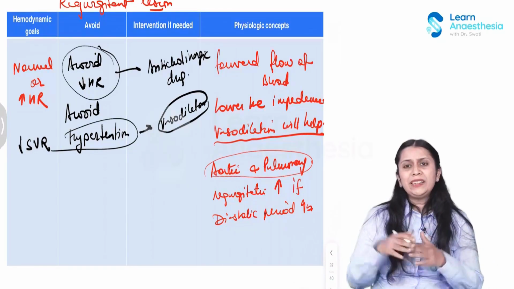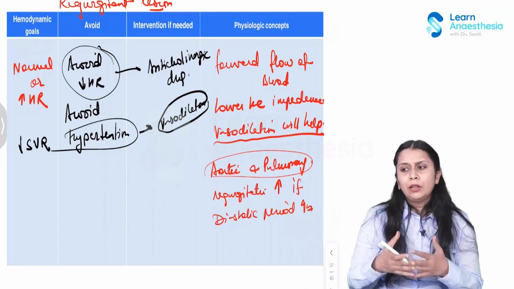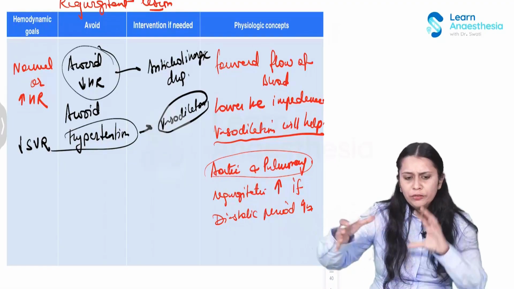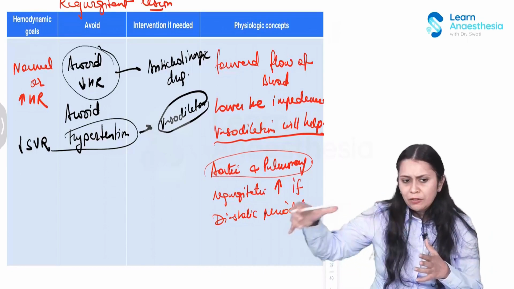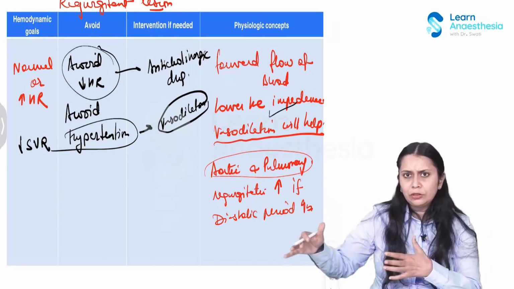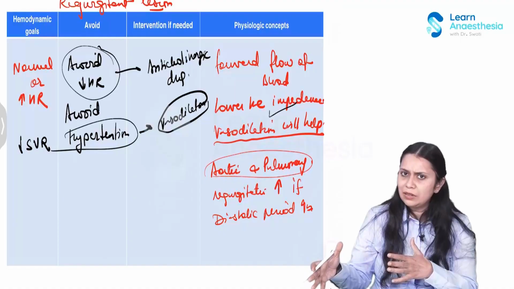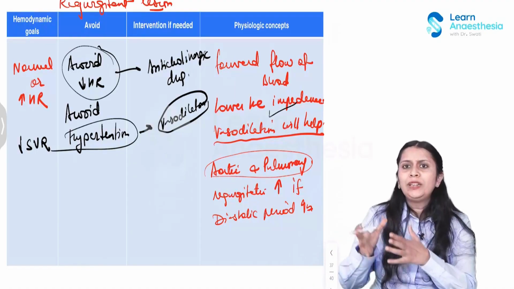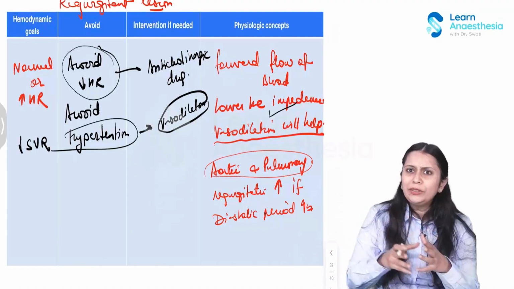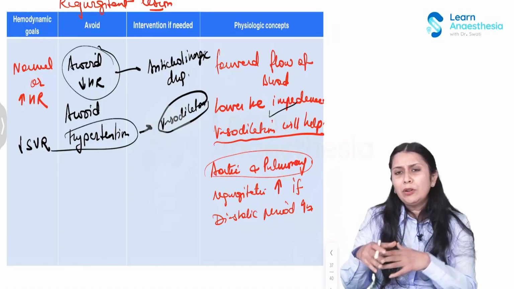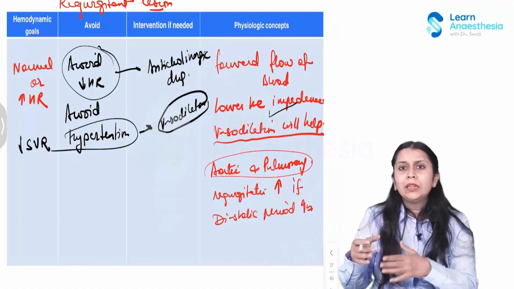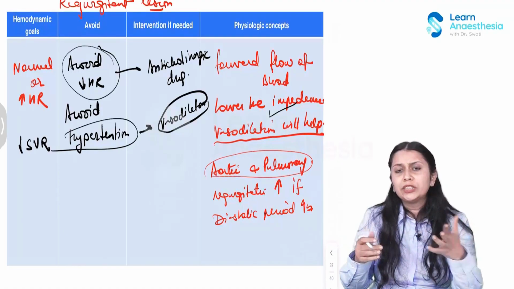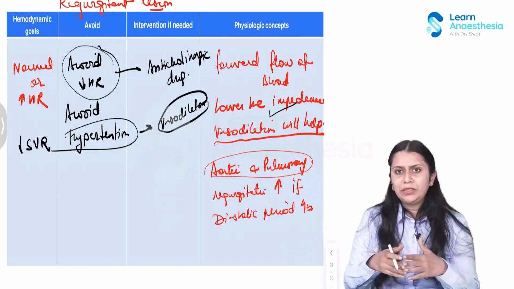So again I will explain. In regurgitant lesions, we need to maintain the forward flow, we need to decrease the regurgitant fraction. How do we do this? To maintain the forward flow, we decrease the impedance to the flow by decreasing the systemic vascular resistance. So forward flow will increase, and we try to decrease the diastole time or maintain the diastole time. We shouldn't increase the diastole time, because that is the time in which the regurgitant fraction increases, especially for aortic and pulmonary regurgitation.